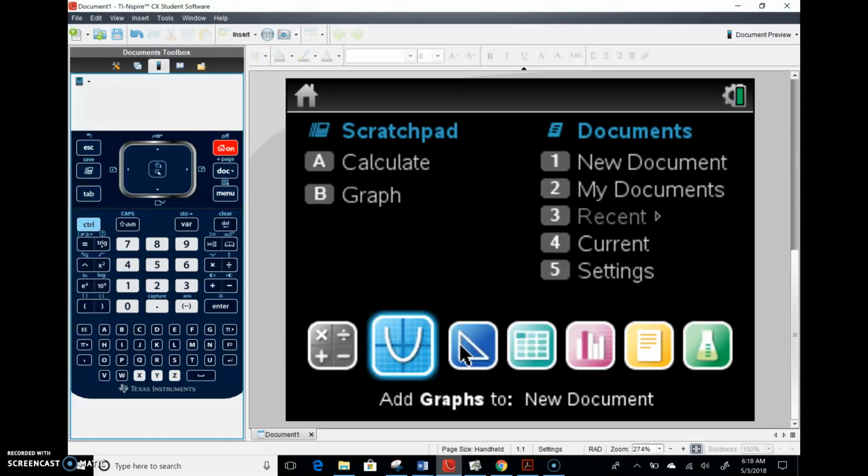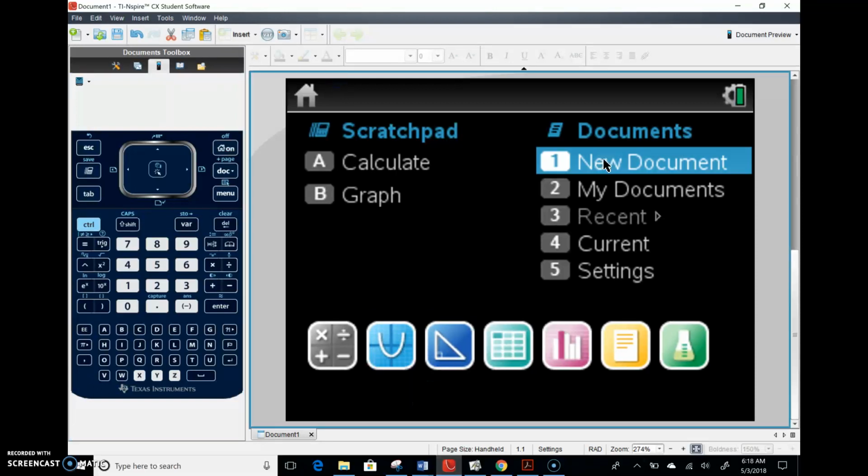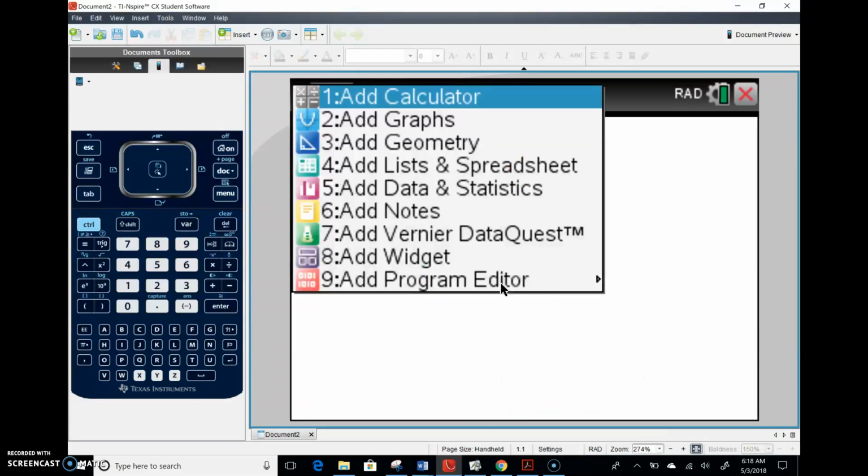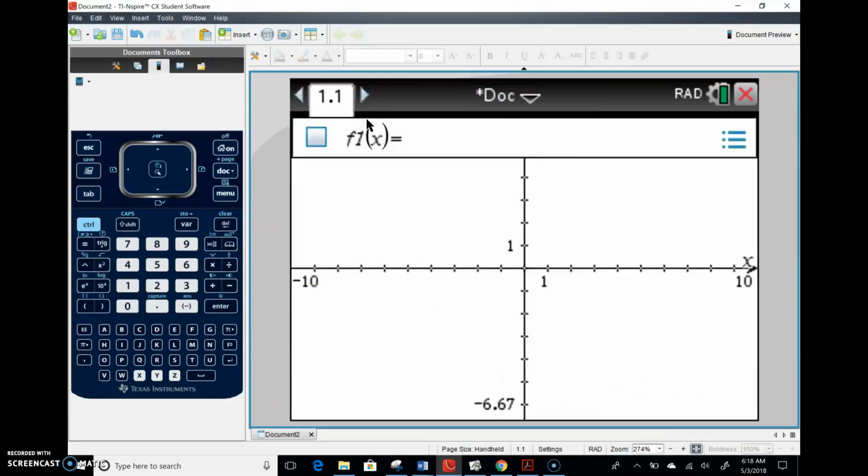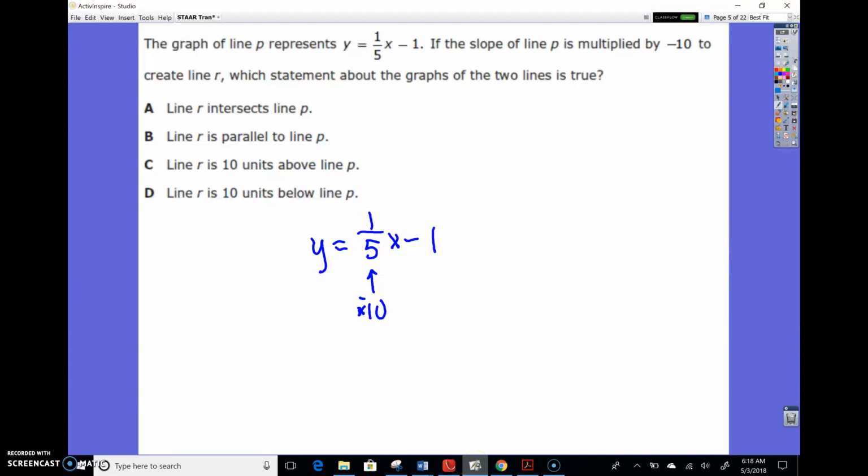I'm going to create a new document. I'm not going to save anything. I'm going to add a graph. So 1/5 x minus 1.